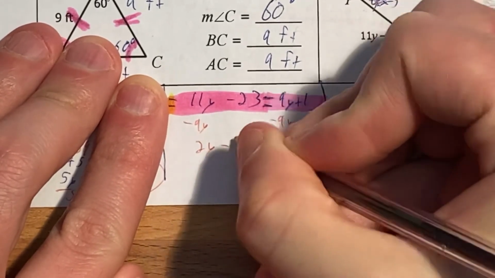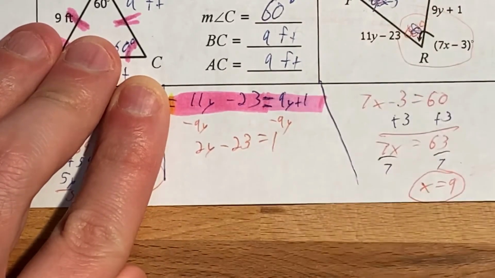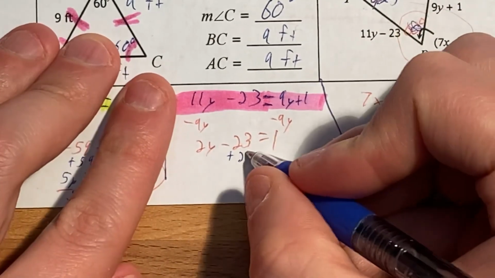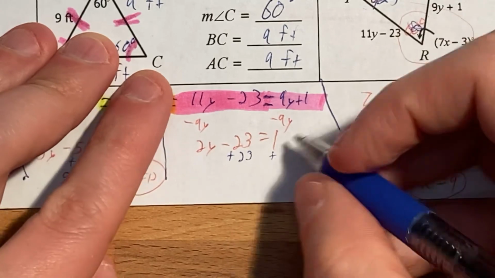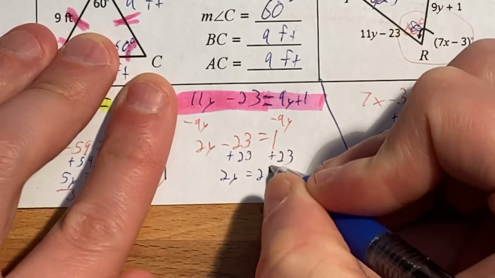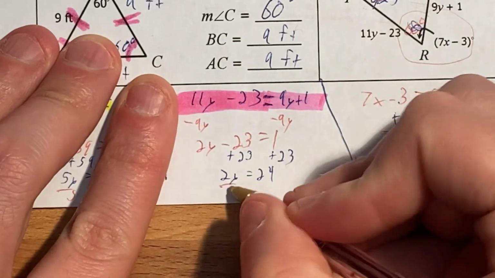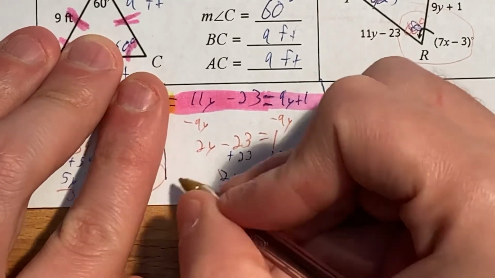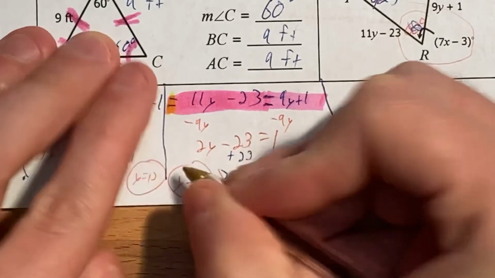And you'd get 2y minus 23 equals 1. So you add 23, and you get 2y equals 24. So you divide by 2, and 24 divided by 2 is 12.